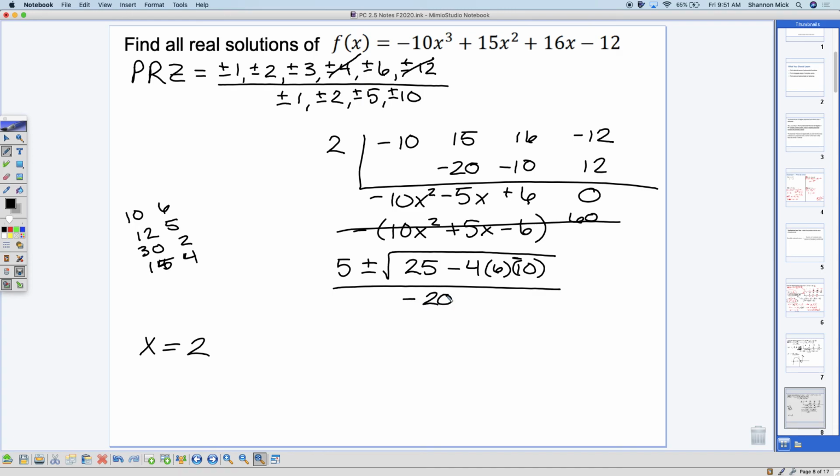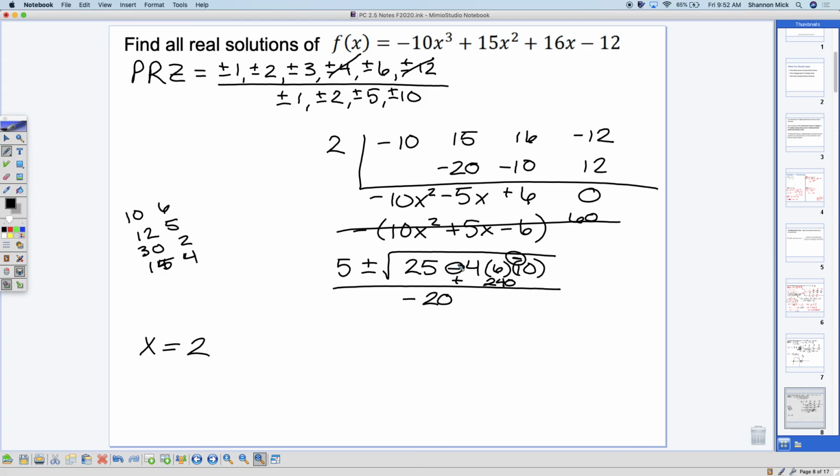Okay, so 4 times 6 times 10 is 240. And it's positive. Wait, why is that positive? Because I have a negative 10 and a negative 4. What did you multiply first? 6 times 10. Does it matter? No.